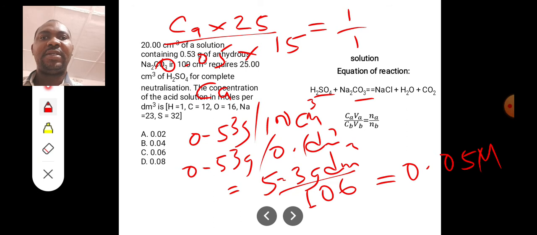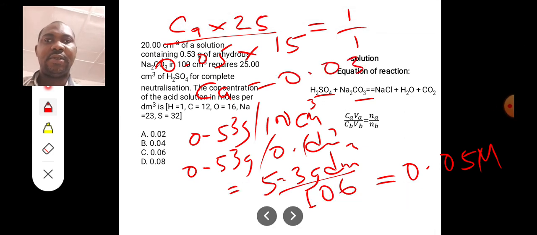So by cross multiplication, we are going to get 0.03 as the answer. We don't have that in the options.